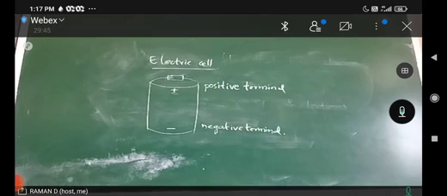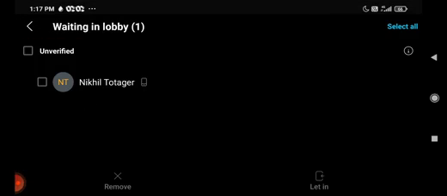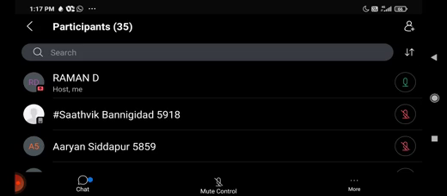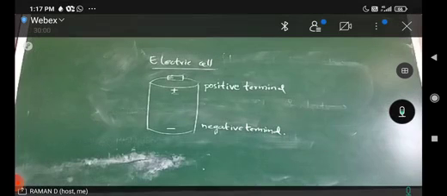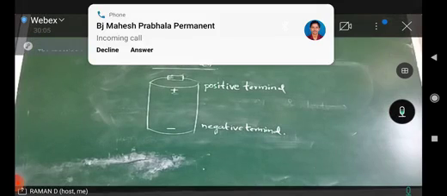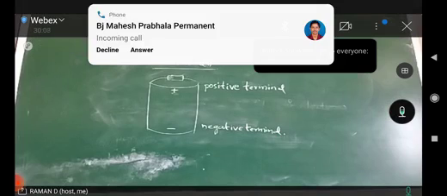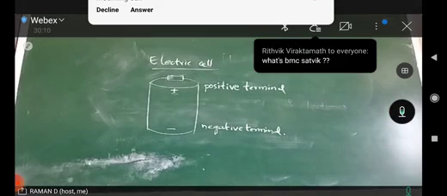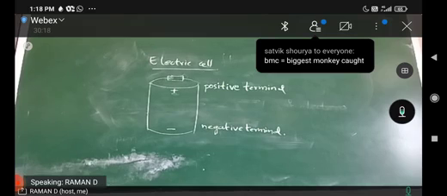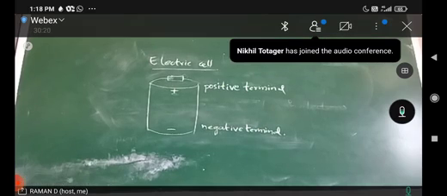How does an electric cell produce electricity? If you take an electric cell, inside it some chemicals are present.